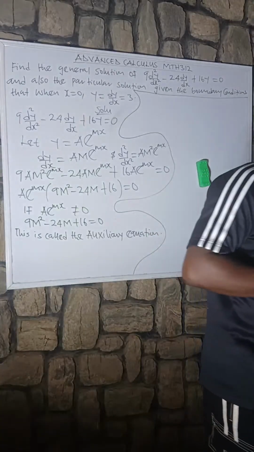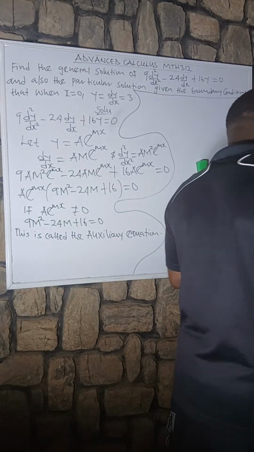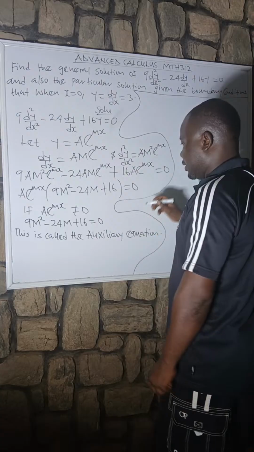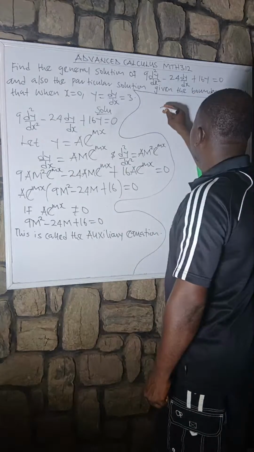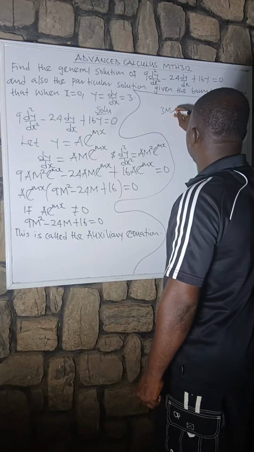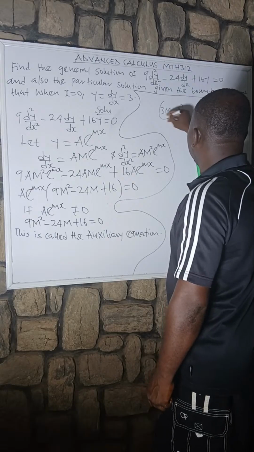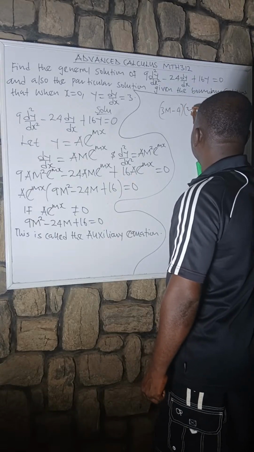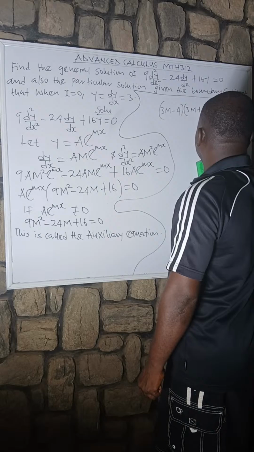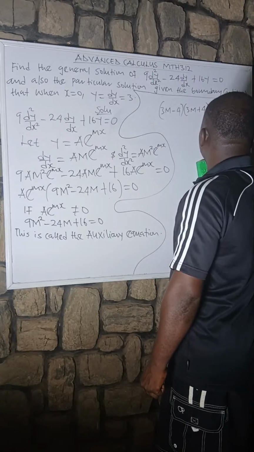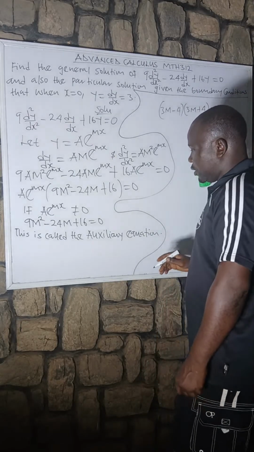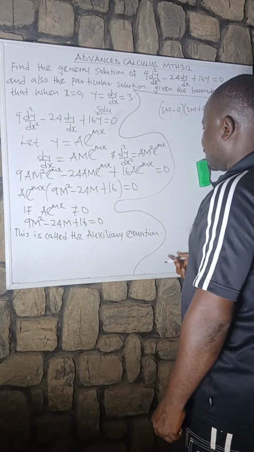Is that clear? So if you can see what I am saying, this equation will give us 3m minus 4, all in bracket, 3m plus 4, which equals 0. That is what this equation will give us.